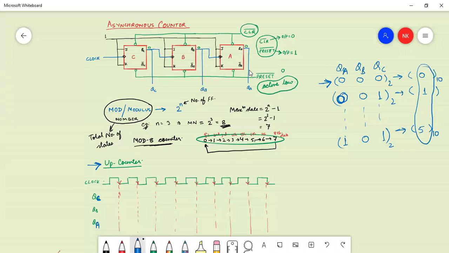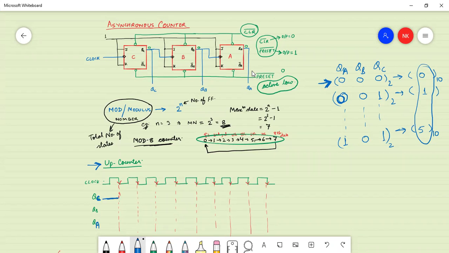For that, which pin should be active? Clear should be active or preset should be active? If we want 0 0 0, clear should be active. Very good. The clear input should be active because we are designing an up counter and we need the initial state 0 0 0. So QC, QB and QA all have the value 0 0 0, so it will continue to be 0.